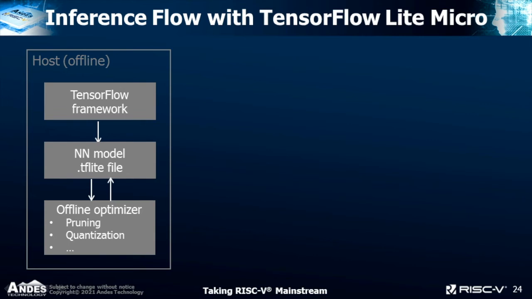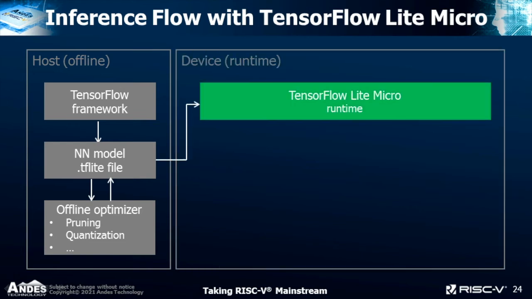Here's an example of model inference with TensorFlow Lite Micro and the AndeSight Library. First, on the PC, we train a model with the TensorFlow framework. Then we get a model in TF-Lite format. Second, we can optimize the model with tools such as pruning, quantization, and so on.